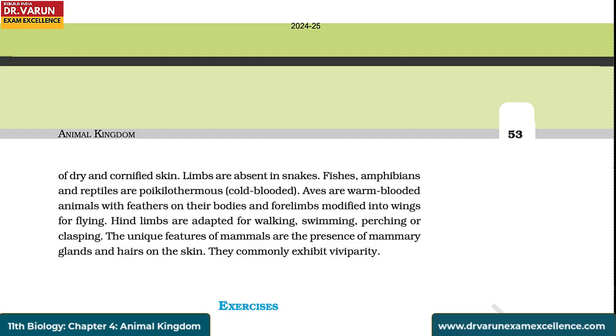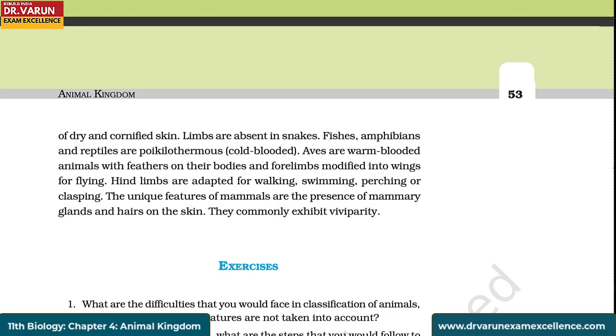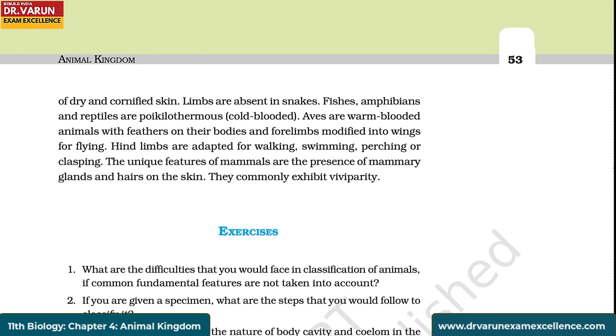Fishes, amphibians, and reptiles are poikilothermous or cold-blooded. Aves are warm-blooded animals with feathers on their bodies and forelimbs modified into wings for flying. Hind limbs are adapted for walking, swimming, perching, or clasping. The unique features of mammals are the presence of mammary glands and the hairs on the skin. They commonly exhibit viviparity.